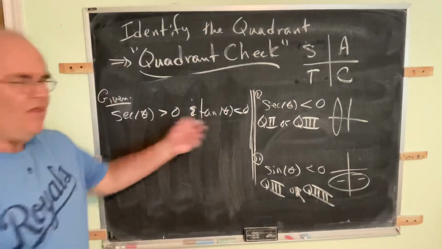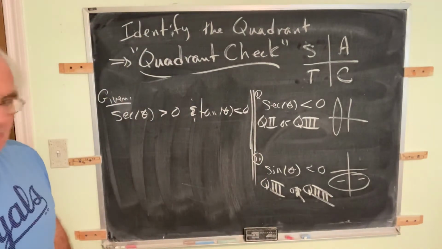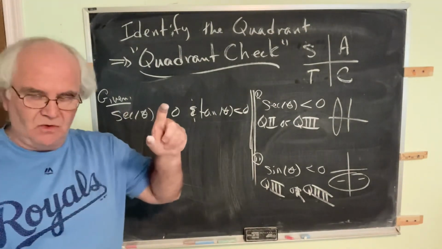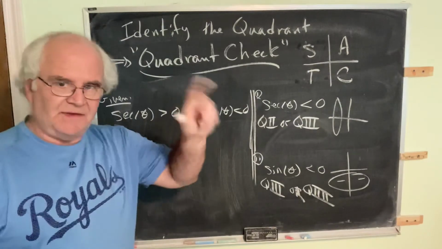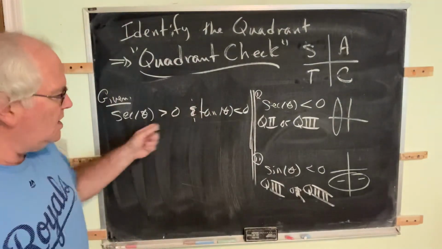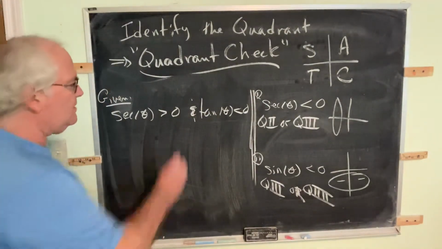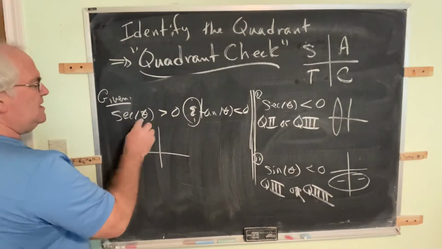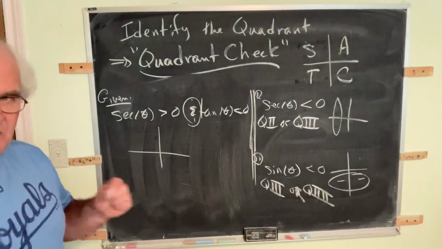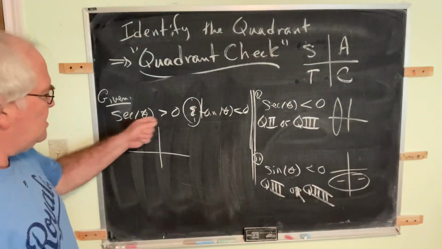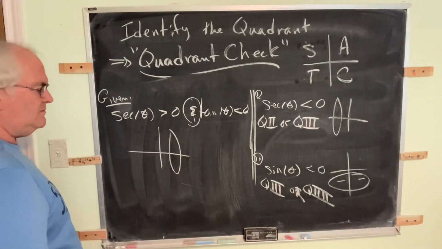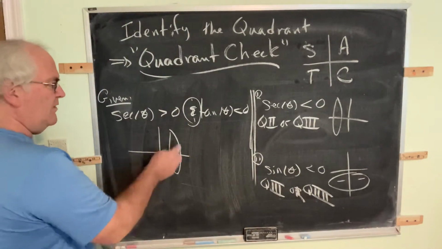So this one tells us one of these two, and that one tells us one of those two. Then we want to know where both of these take effect. Where is secant greater than 0? Remember, secant agrees with cosine. Secant greater than 0 means cosine is positive. That means we're here or here, one of those 2.